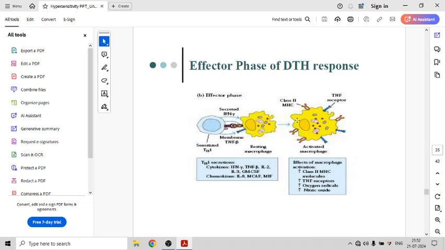Their respiratory burst activity increases and they start accumulating in that area where an intracellular pathogen is present, which is releasing the antigens, or where an antigen of foreign origin of plant or chemical origin has entered the body and has deposited in that area. There the macrophages will aggregate in large numbers.